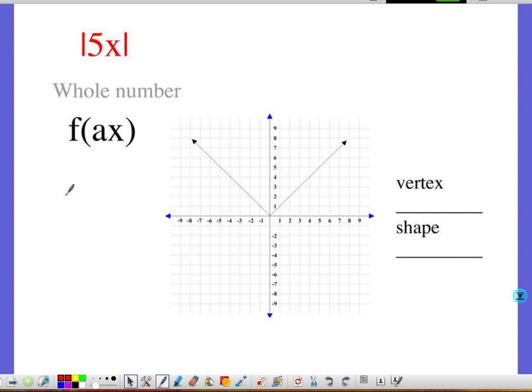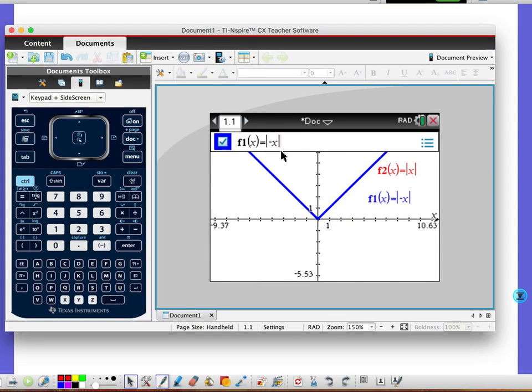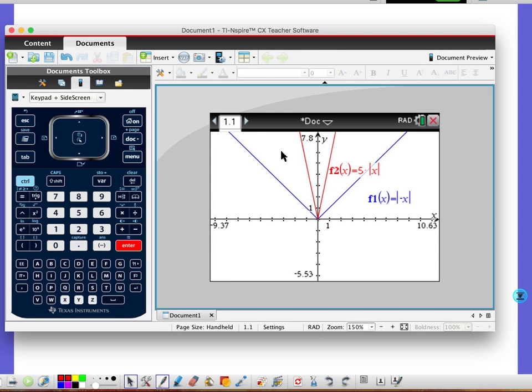Now, what is going to happen if I have the 5 on the inside? Let's go ahead and compare those. So let's say for the first one, I have a vertical stretch factor of 5. There it is, the graph in red. And for the second one, I have the 5 on the inside. What happens here?